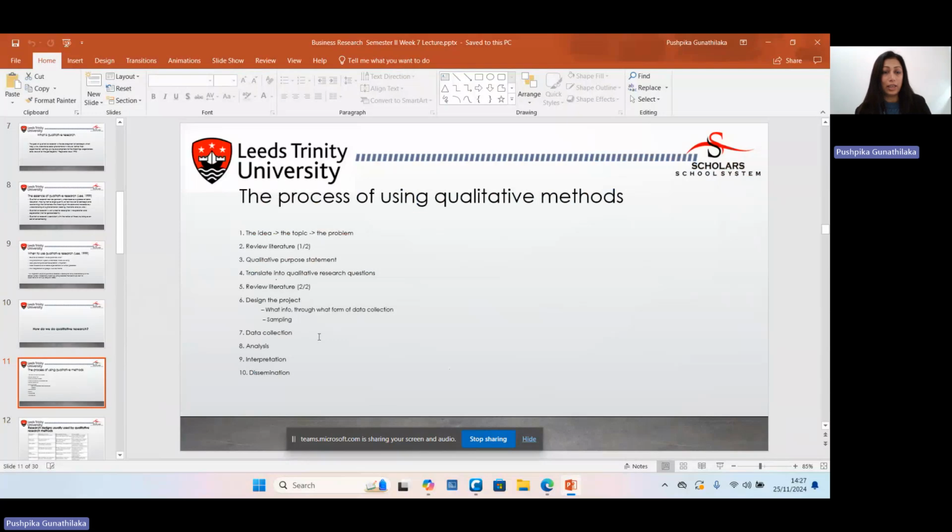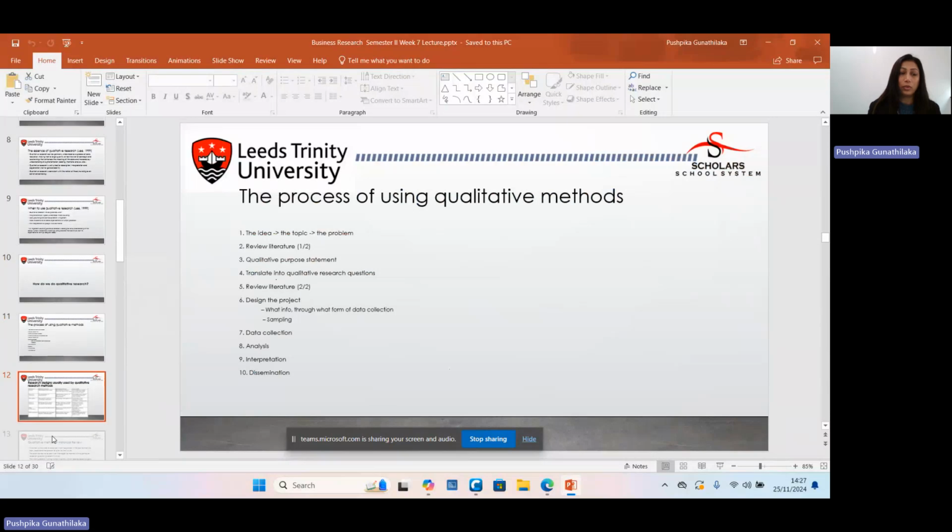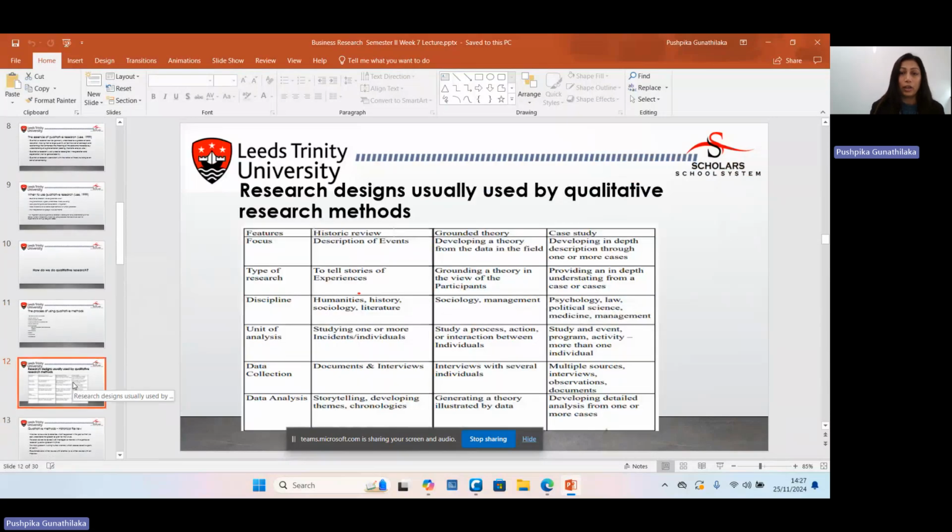And when the data is collected, we have to organize them, analyze them, interpret them, and then based on that we do our research report writing, and finally after the analysis we can develop some concepts based on the research outcome.